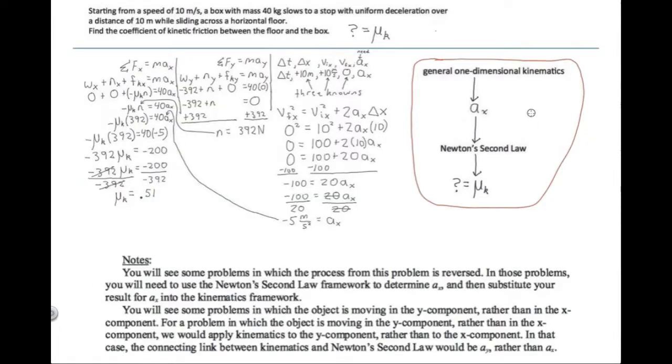The connecting link between kinematics and Newton's second law is acceleration. On this problem, we used kinematics to determine a sub x. Then we substituted our result for a sub x into the Newton's second law x equation. Then we used Newton's second law to determine mu sub k, which is what the question was asking us for.